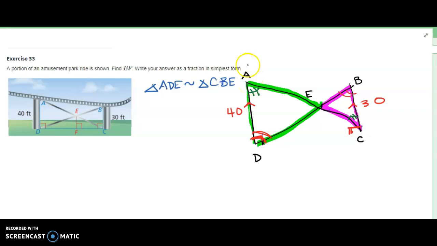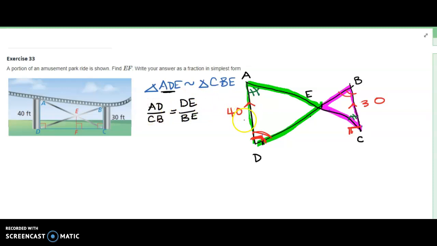Okay, now because they're similar, I can write a proportion, and I can say that AD is to CB as DE is to BE.